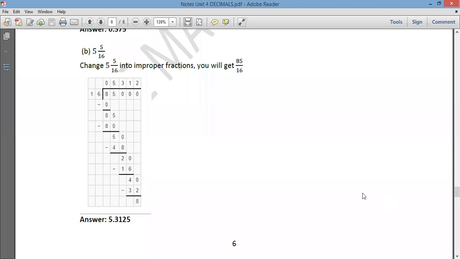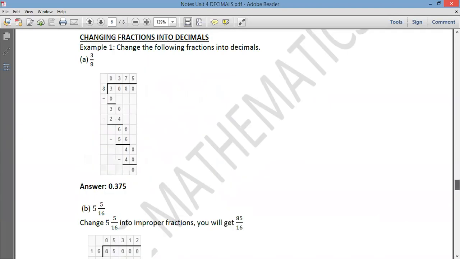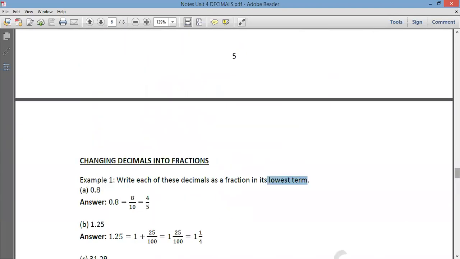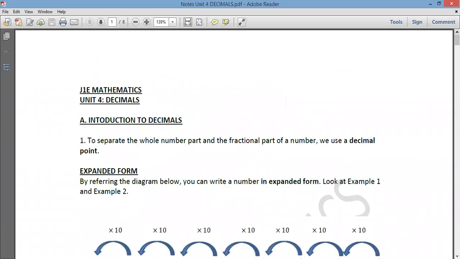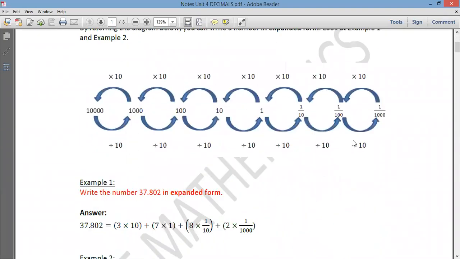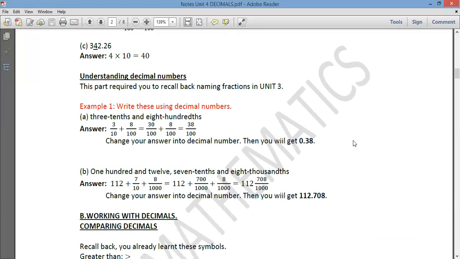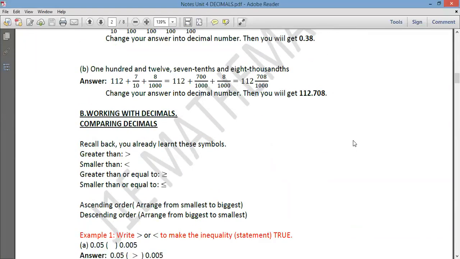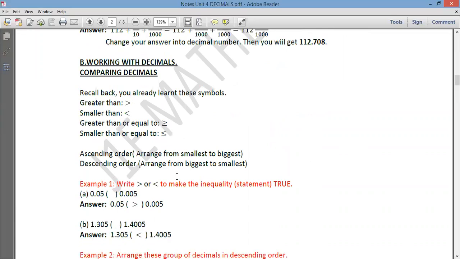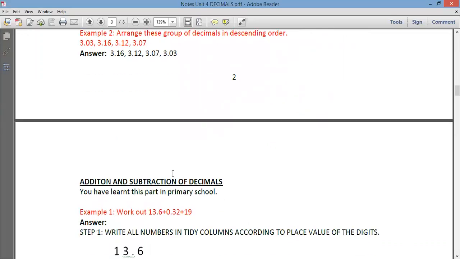It covers expanded form, place value, understanding decimal numbers, and B, comparing decimals. It excludes addition, subtraction, and so on. Today you only do this exercise. Tomorrow I will upload a new link for the other exercise.